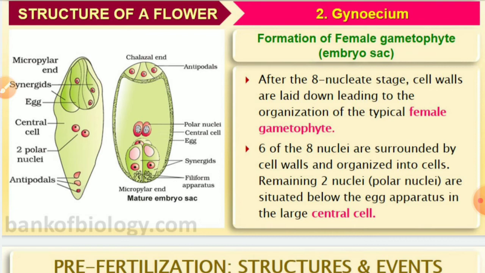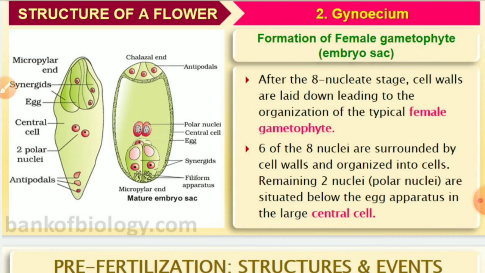Six of the eight nuclei are surrounded by cell walls and organized into cells. The remaining two nuclei, or polar nuclei, are situated below the egg apparatus in the large central cell. Two polar nuclei are seen in the large central cell.